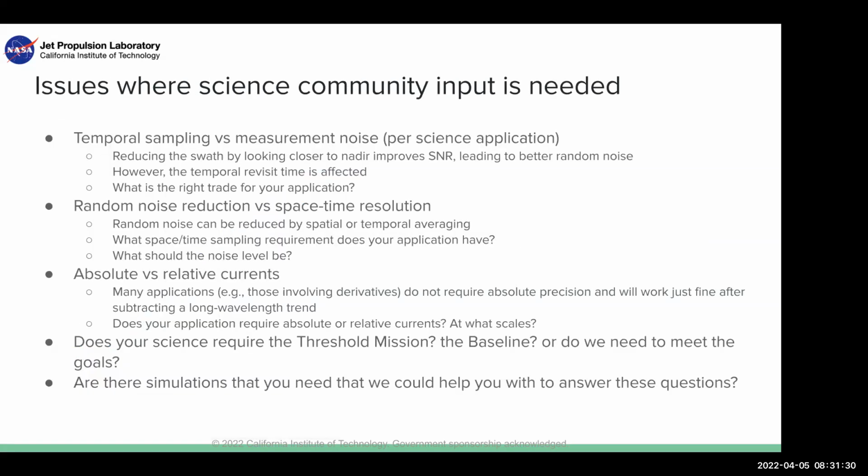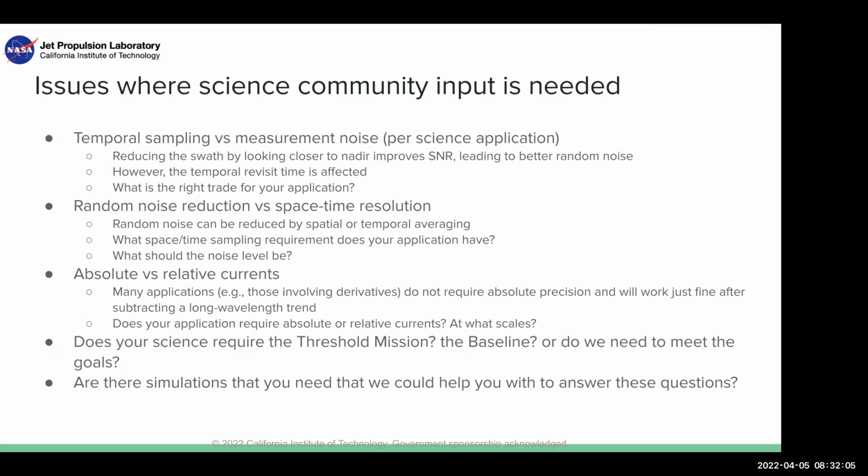So to close this, there are some issues where your input would really be useful. So temporal sampling versus measurement noise. If we bring the incidence angle in, we'll have a smaller swath, but also the signal will be brighter and your noise will improve.